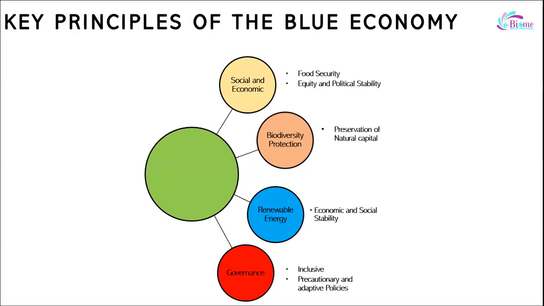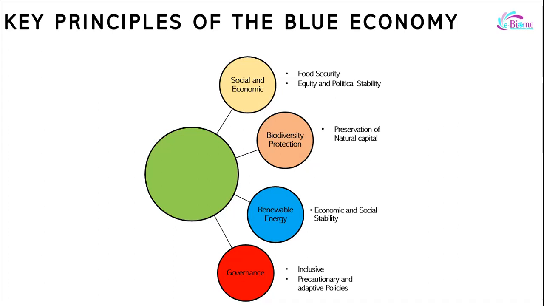What are the key principles of the blue economy? The key principles are governance, renewable energy, biodiversity protection, social and economic. When we talk about social and economic, we talk about various things such as food security, equity and political stability. We talk about biodiversity protection.